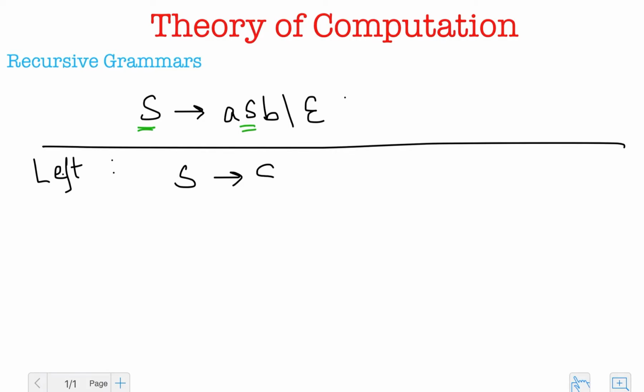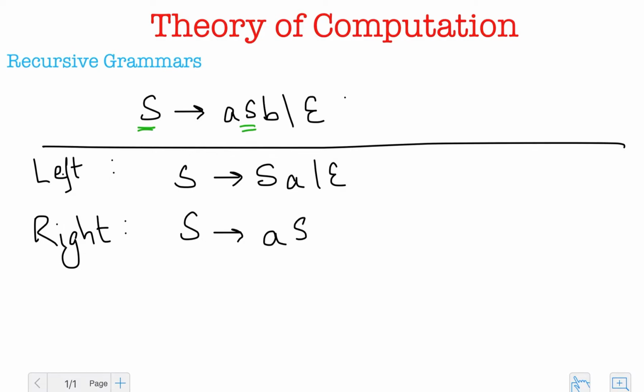So if I have something like S goes to SA or epsilon, that's an example of a left recursive grammar. And similarly, an example of a right recursive grammar is if I have something like S goes to AS or epsilon.